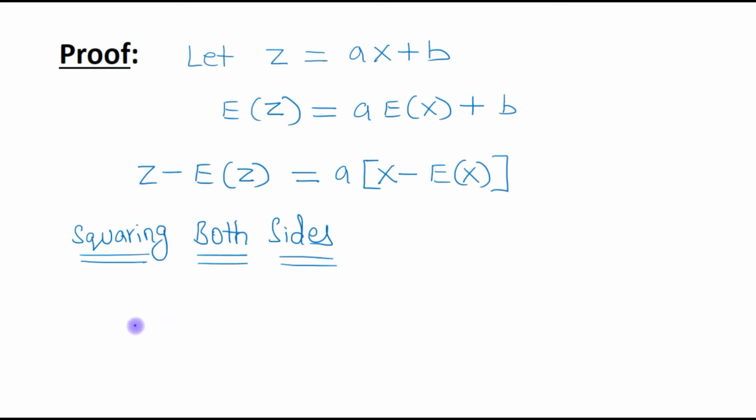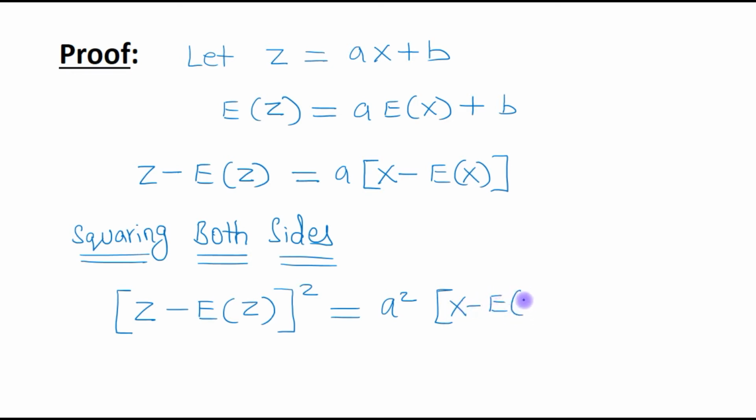So this will become (z minus E(z)) whole square, and this will be a square times (x minus E(x)) whole square. Now we will take the expected values.